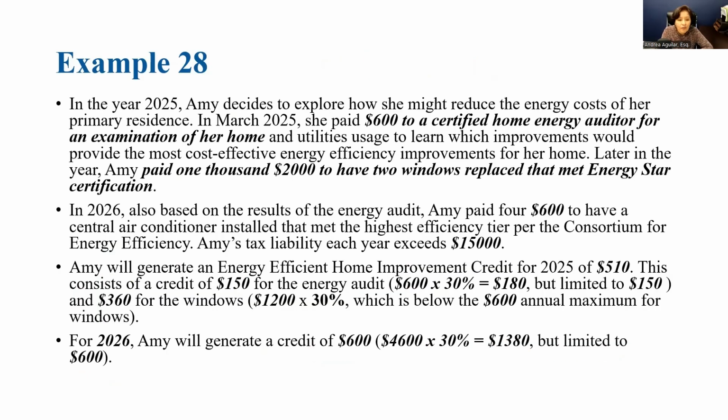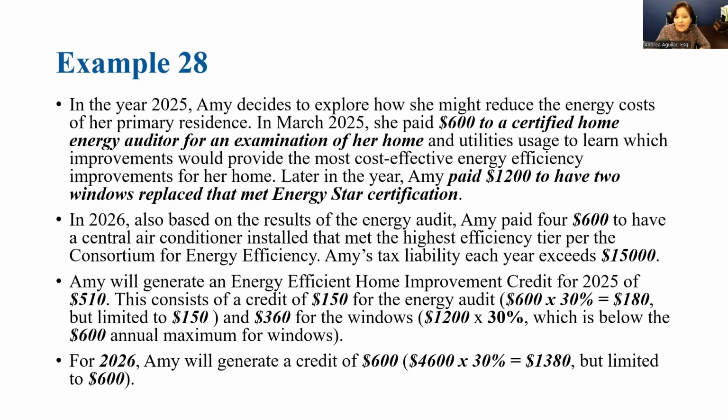Here we have example 28 where you can analyze this more clearly or see the numbers more clearly. Amy decides to explore how she might reduce energy cost of her primary residence. So in March 2025, she pays $600 to a certified home energy auditor for an examination of her home. Then later in the year, Amy paid $1,200 to have 2 windows replaced.